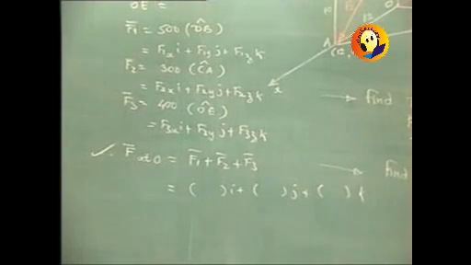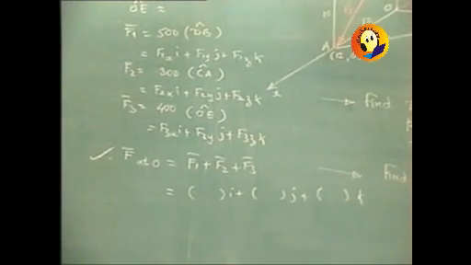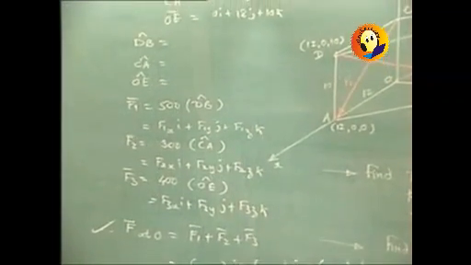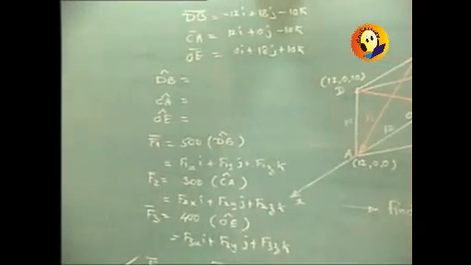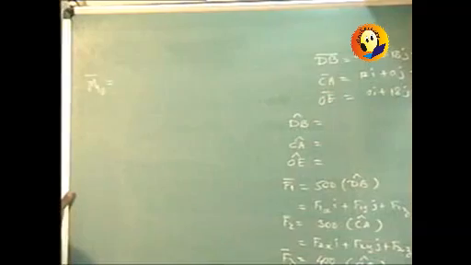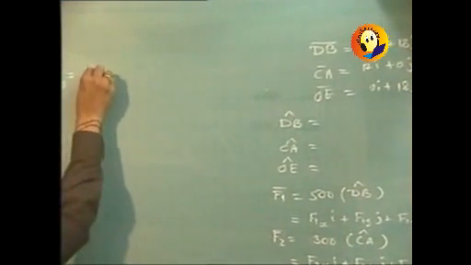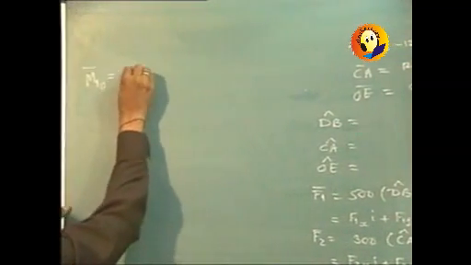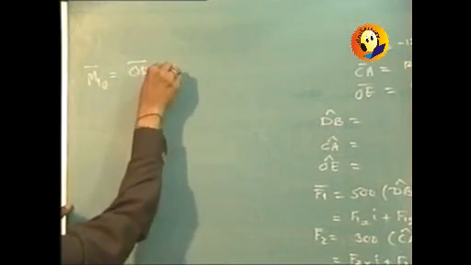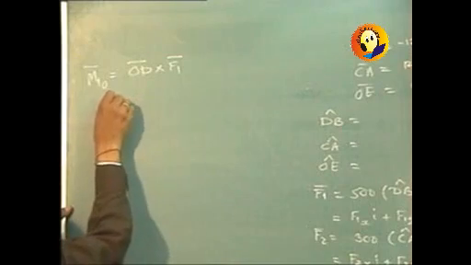Now to find the moment at O, we will say M1O bar, to find the moment of force F1 bar about the origin. F1 bar is a force which is acting from D to B. So we can write it as OD bar cross F1 bar.